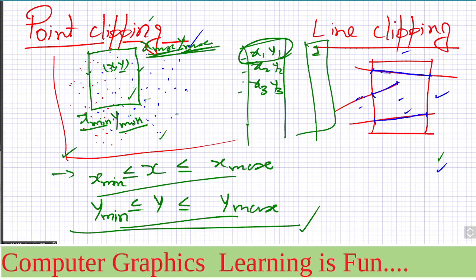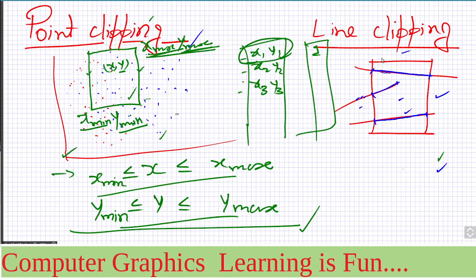Is it clear? Do you want to say something? We can use the same procedure given in point clipping to work on any other kind of clipping, because everything is a set of points, right?